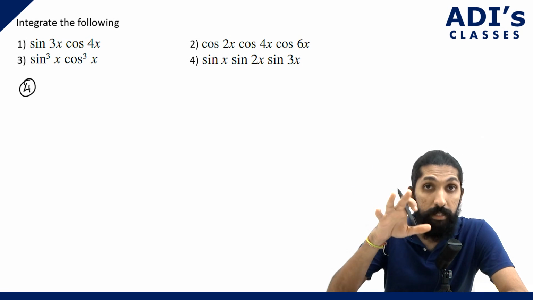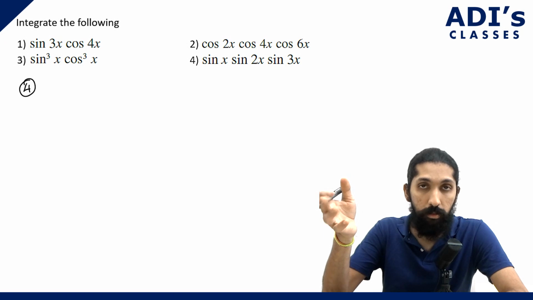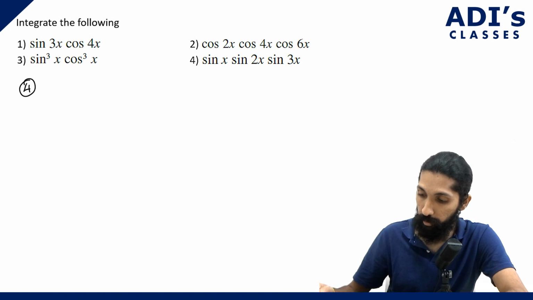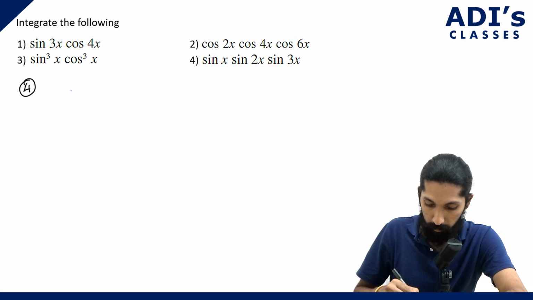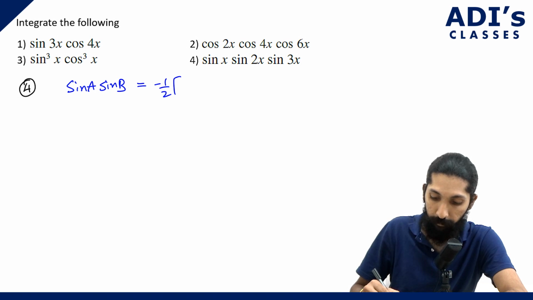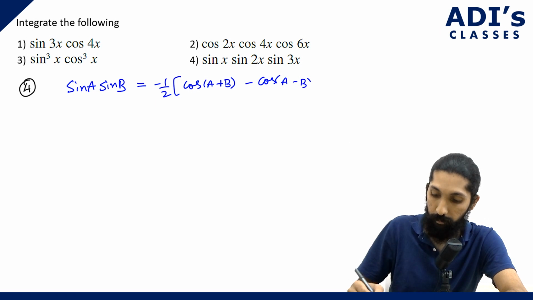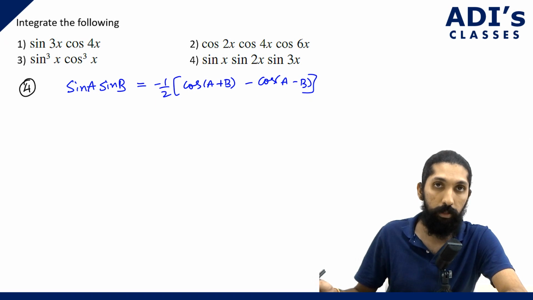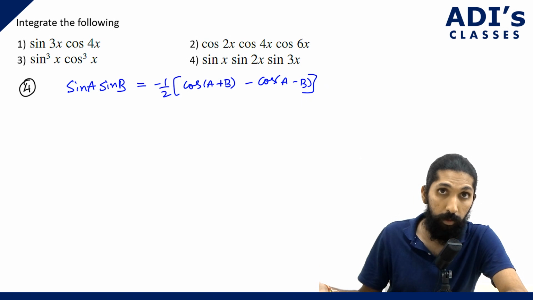Sine A into sine B, that's the transformation formula, correct? So when you're doing this one, sine A into sine B, remember you have to use minus half cos of A plus B minus cos of A minus B. You can use this transformation formula.